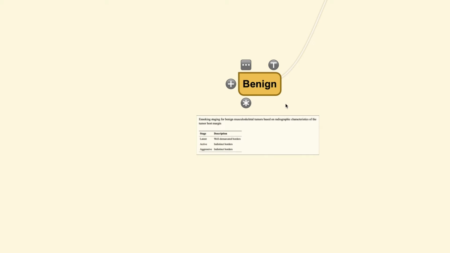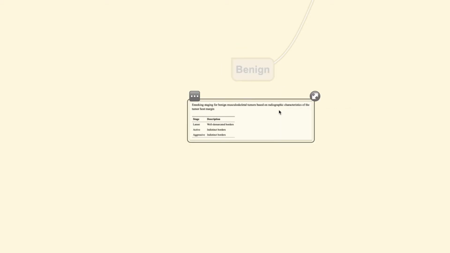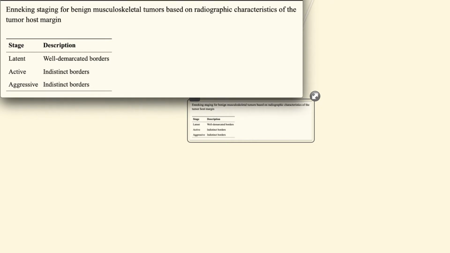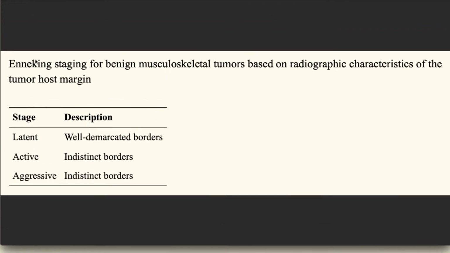Benign musculoskeletal tumors are usually described using the Enneking classification. Enneking is a very prominent figure in musculoskeletal oncology, and it's best if you look for his original papers and read about them.